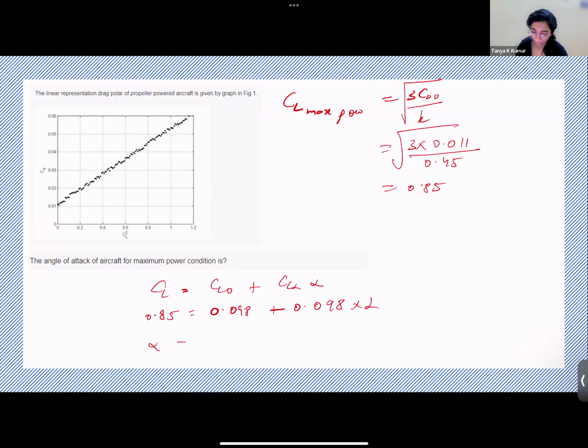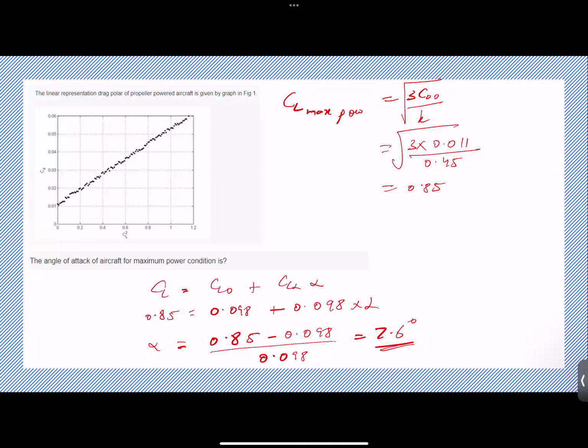And so alpha would be 0.85 minus 0.098 by 0.098. And so you get something around 7.6 degrees. Okay, did everybody get this? Or did someone get a different answer? Or did everybody follow this?